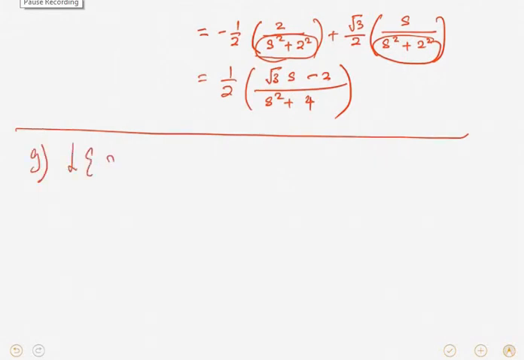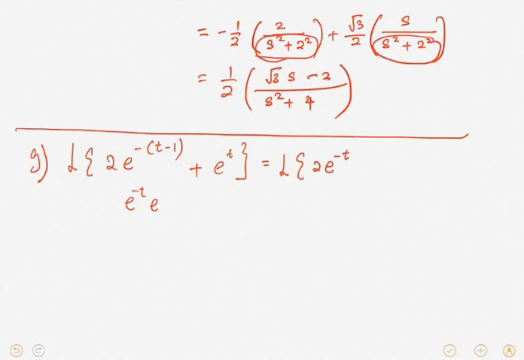Okay, one more example. The Laplace transform of 2 exponent negative t minus 1 plus exponent t. This one we can separate into the Laplace transform of 2 exponent negative t, and so we change to 2 exponent negative t plus exponent t.